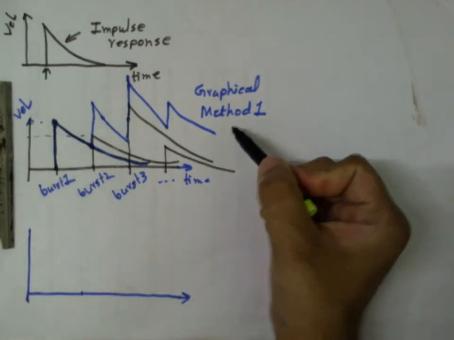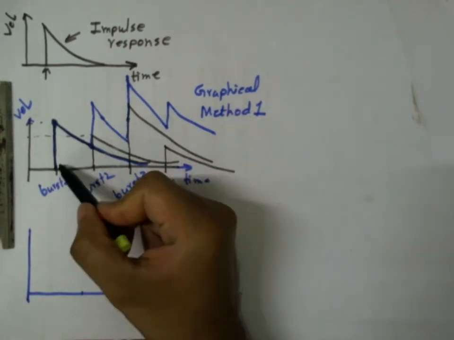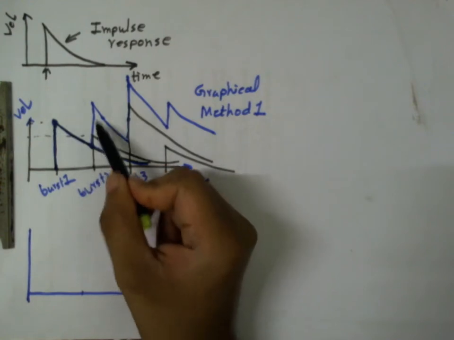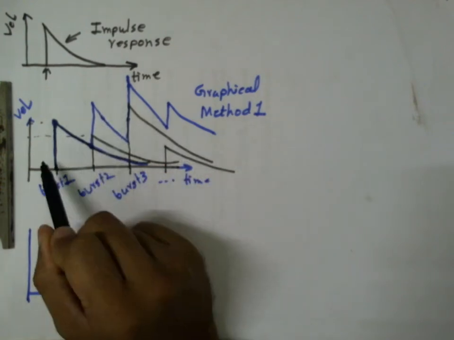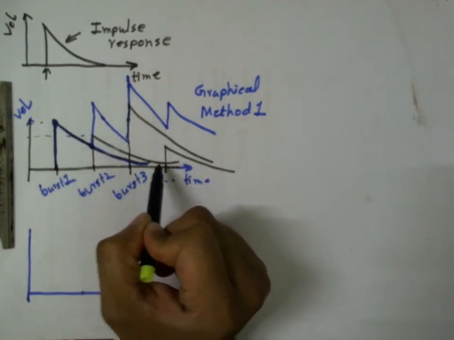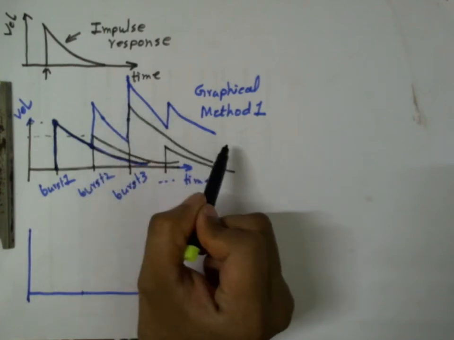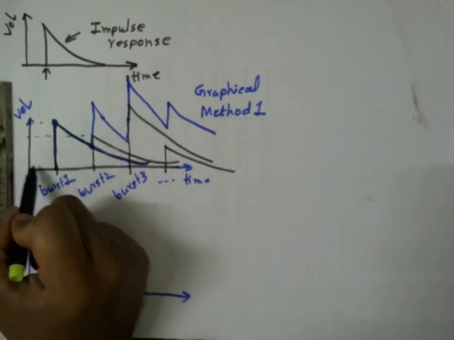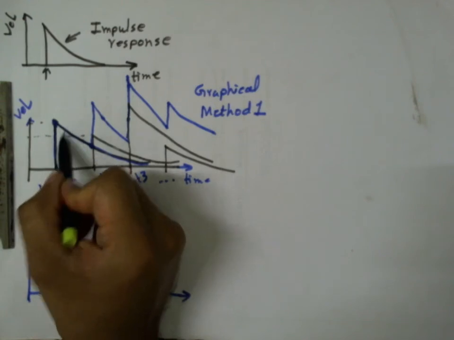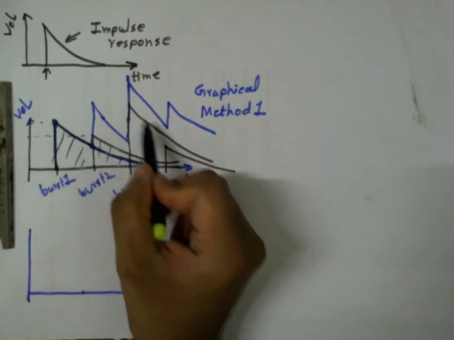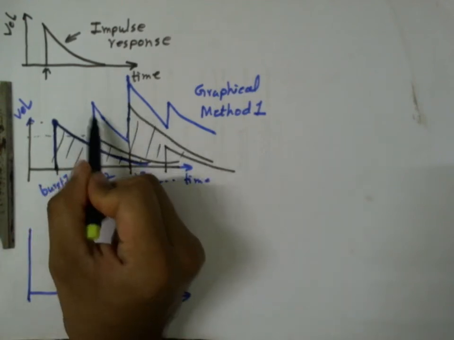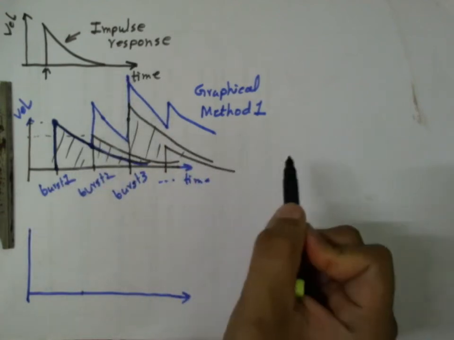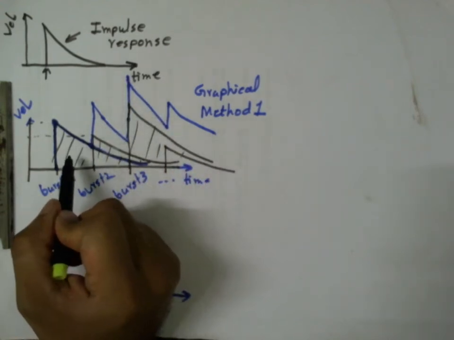In graphical method 1, we get the velocity at all the time instances finally together. After we add up these individual curves, we get the velocity at all the instances of time simultaneously, right?